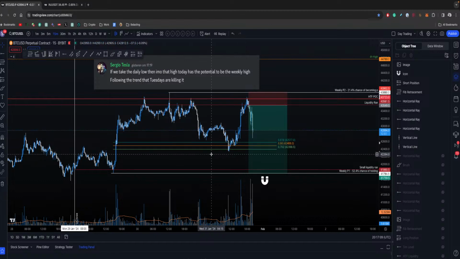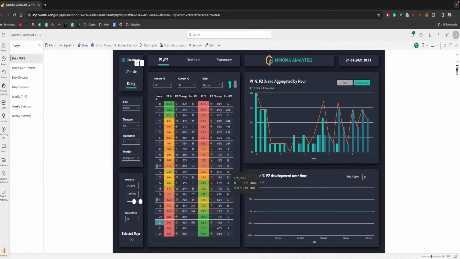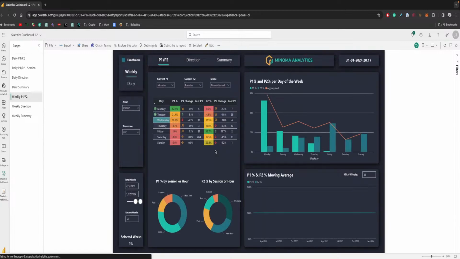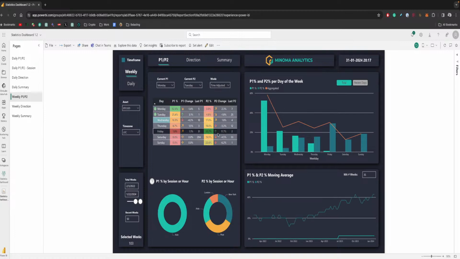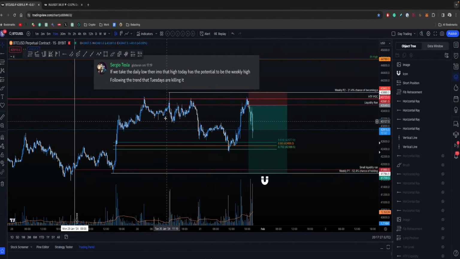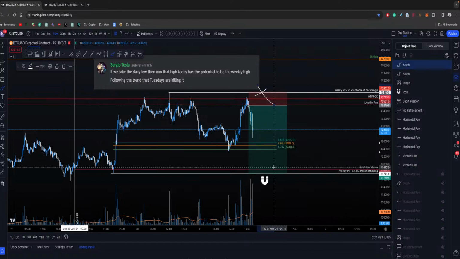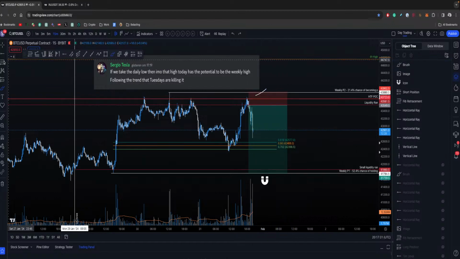It's Wednesday now, and we know that from statistics, it's more likely to happen on Friday. See, it's like almost 1 and 2 times it happens on Friday lately. So you want to be looking for either this or this to be taken pretty much on Friday, right?